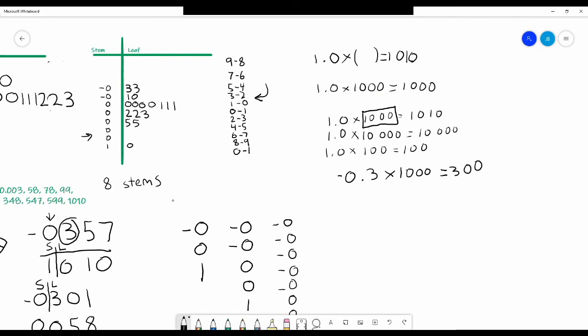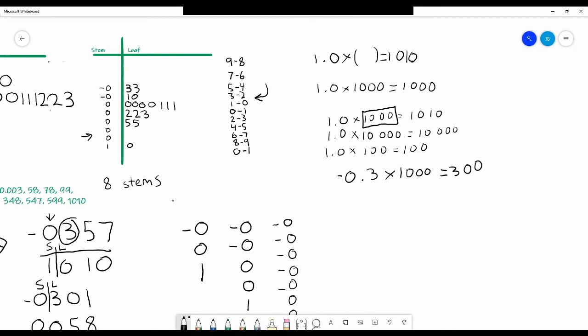That is the closest we're going to get to 357 because the stem value can only be a multiple of 10. Or it can only start with 1 and end in 0, right? 10, 100, 1,000, 10,000, and so on. So we know that 1,000 works because 0.3 times 1,000 gives us close to our original value, negative 357.